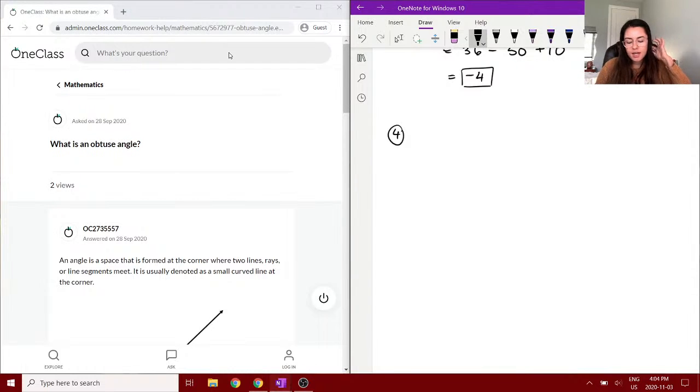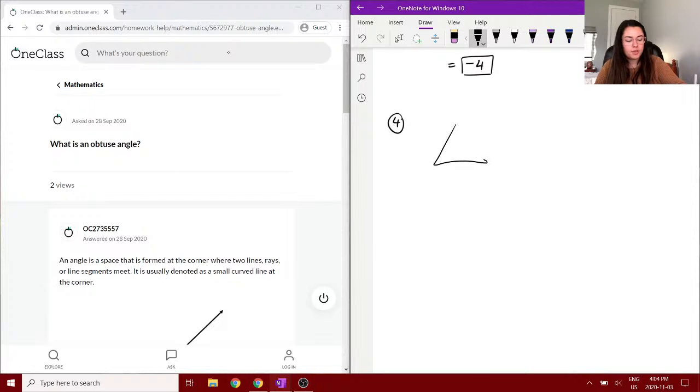This question is asking us, what is an obtuse angle? Okay, so an angle, we know, can look something like this. Not a very straight line, but I guess you get the idea. An angle is the space here that's formed at the corner when two different lines intersect.